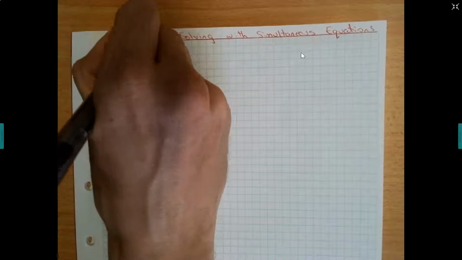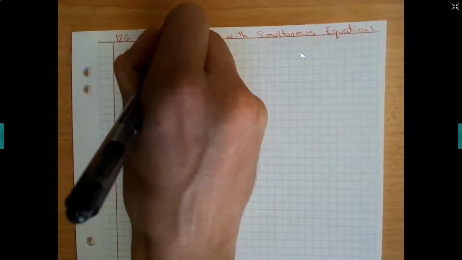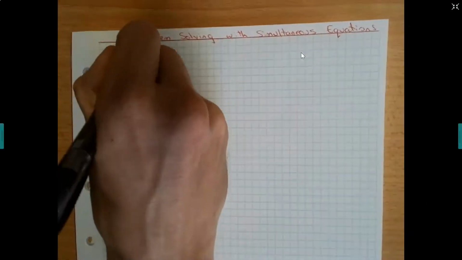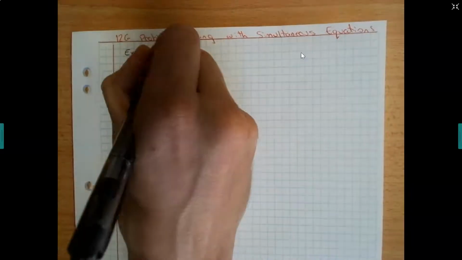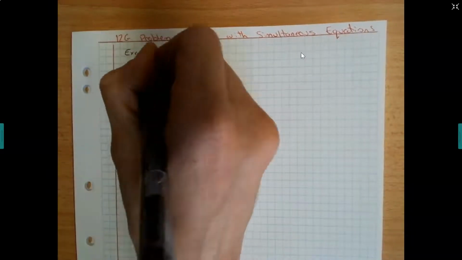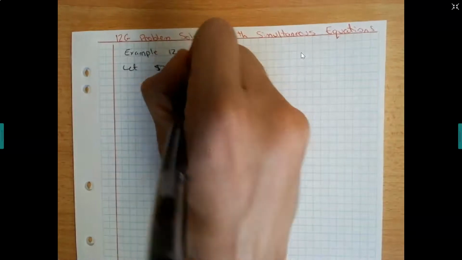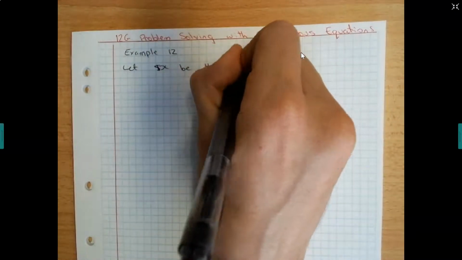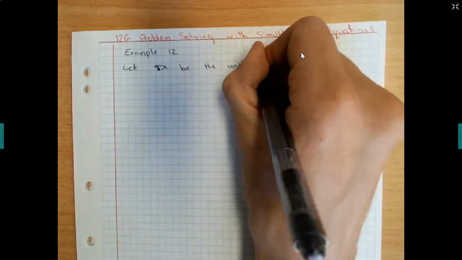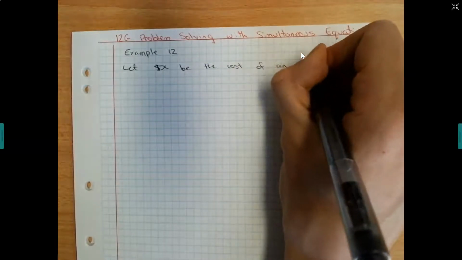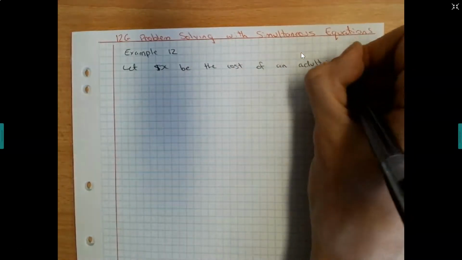So let X dollars be the cost of an adult's ticket.